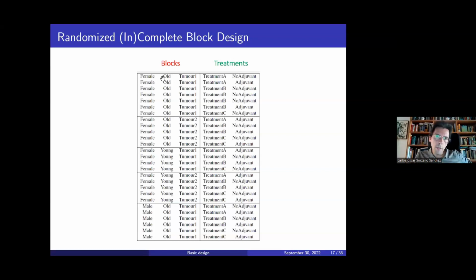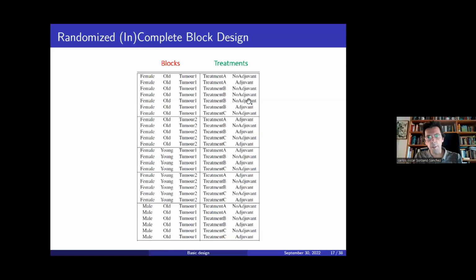Then within each one of these homogeneous groups, you randomize. We have 3 treatments here, treatments A, B, and C, and we randomize them with adjuvant and no adjuvant, and then you randomize the combinations too.